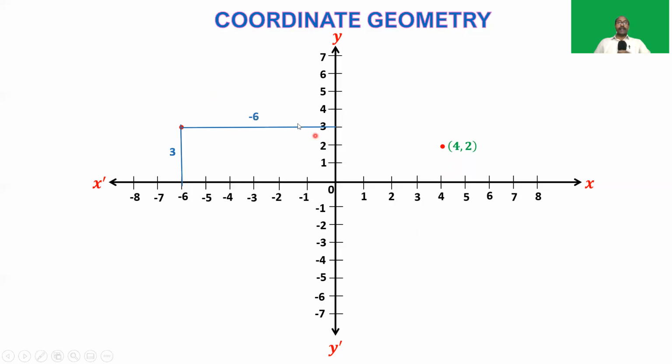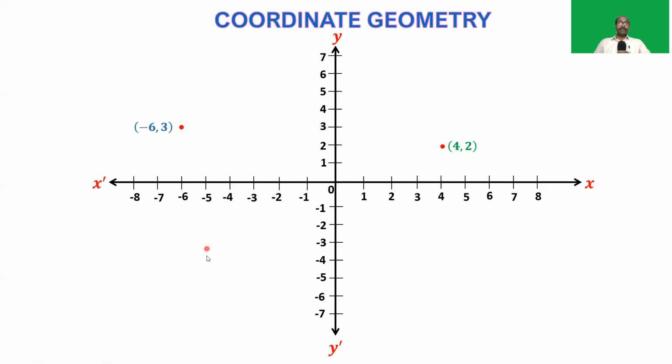But it is not on the right side of the origin, so we take it on the left side of the origin. So we take the coordinates as negative x and positive y. That is minus 6 and 3. So the coordinates of this point are (-6, 3).